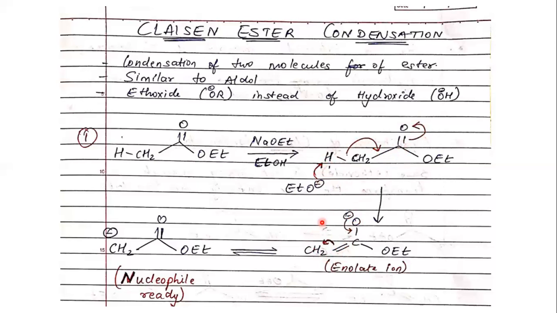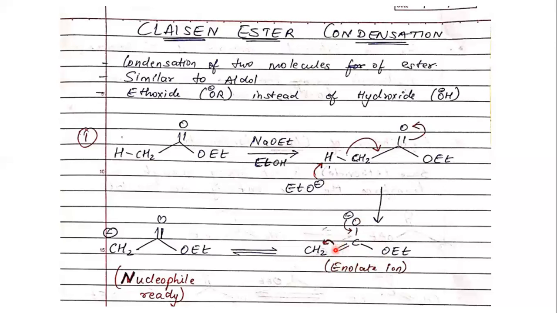So now your enolate ion is being formed. Enolate ion, as I had earlier described with my aldol condensation reaction, is an ion where there is a C to C double bond and there is a negative charge on the oxygen. That's an enolate ion. This enolate ion will now rearrange itself to give me my nucleophile.